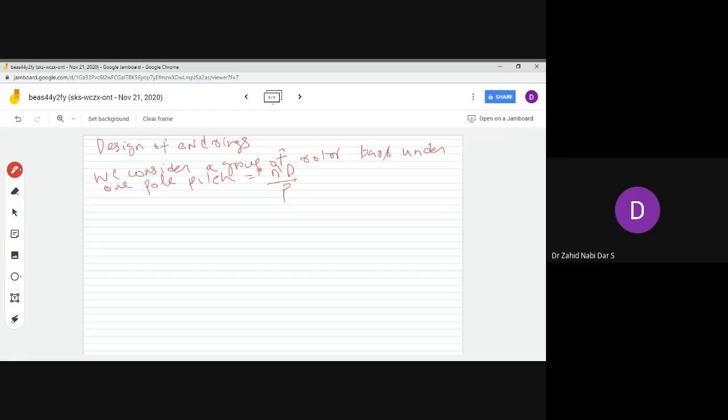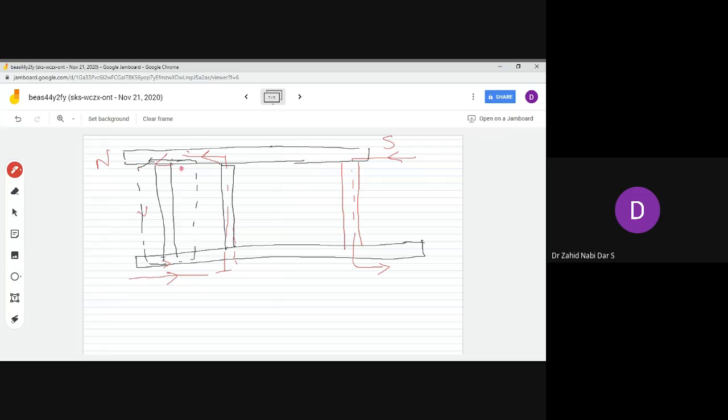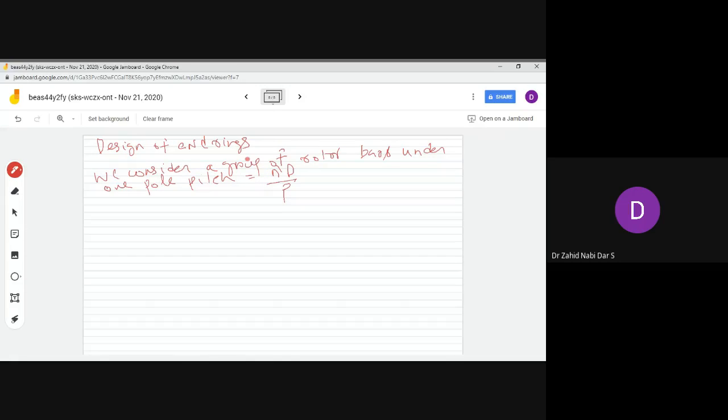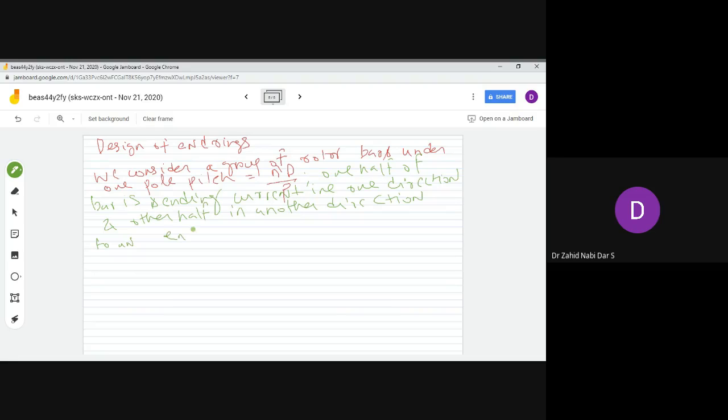So one half of the bars would send current in one direction, so you can see that one half of the bars is sending current in one direction and the other half of the bars is sending current in another direction, to an end ring, because the bars are connected.